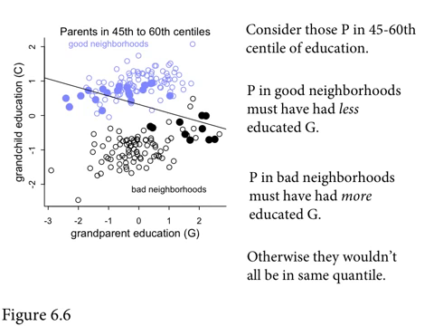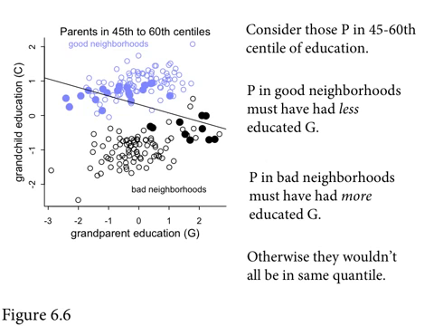Why is it negative? I know if you're confused, that means you're paying attention, and I thank you for that. Why does this happen? Okay, so let's focus only on the parents that are in this narrow range of educational outcomes. Parents in the good neighborhoods, to be within this range, must have had less educated grandparents.